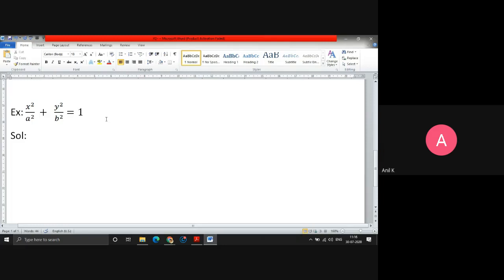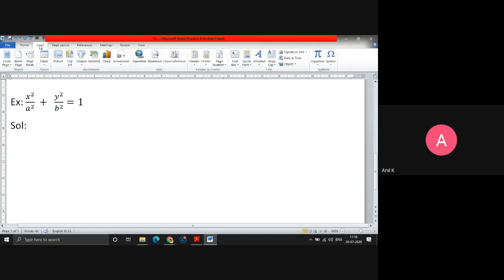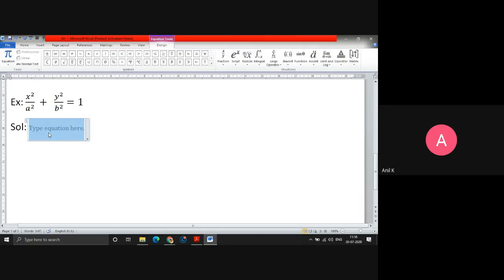Now when I differentiate this with respect to x, there are two arbitrary constants, a and b. So that means you have to do twice differentiation. Let me see what I get in the first differentiation. I'll get 2x upon a square.